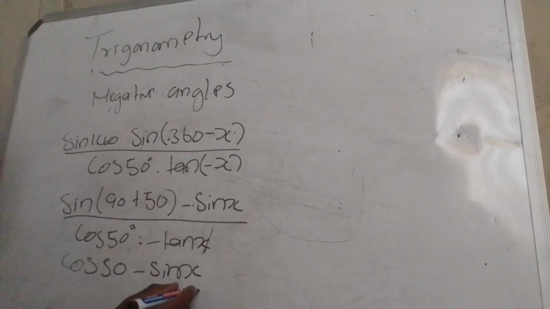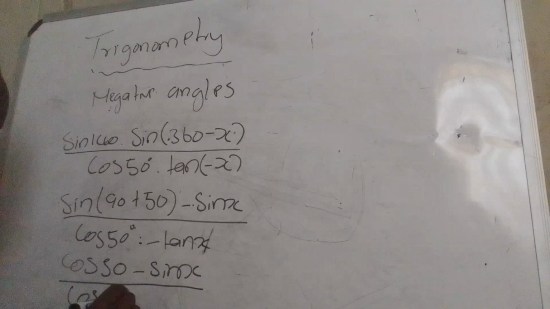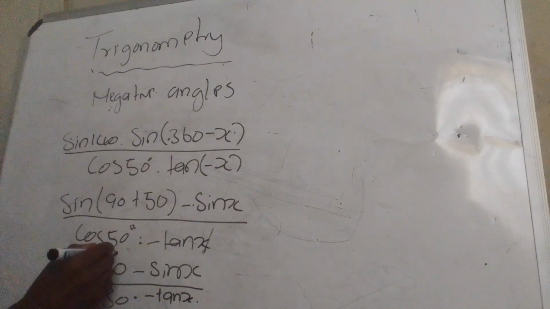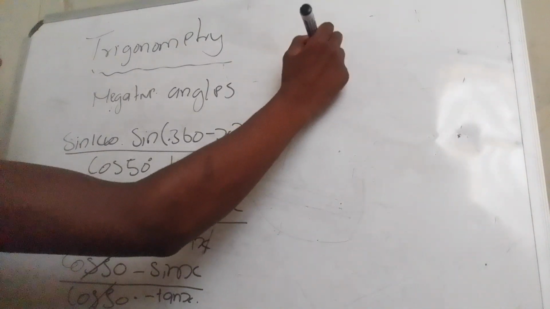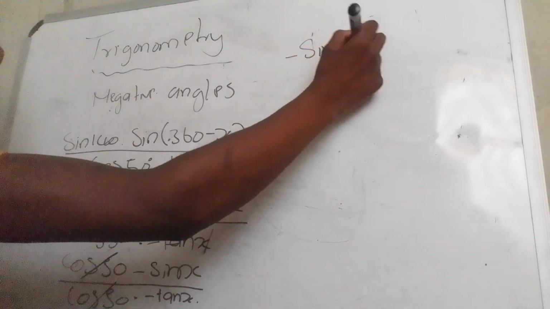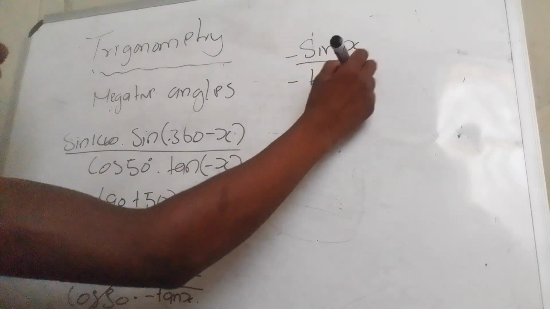So we have cos of 50 minus sine x over cos of 50 times negative tan x. This cos 50 will cancel this cos 50. Now we're left with negative sine x over negative tan x.